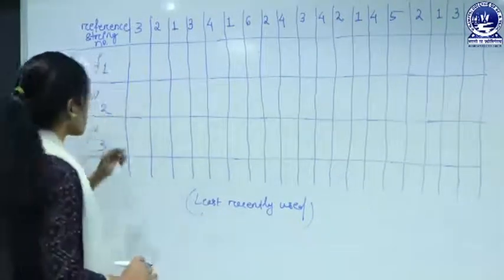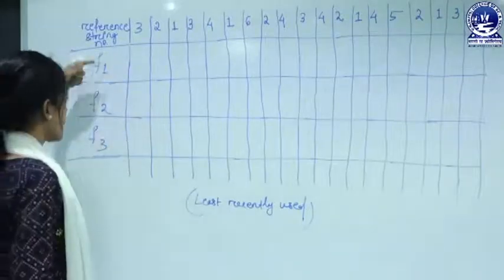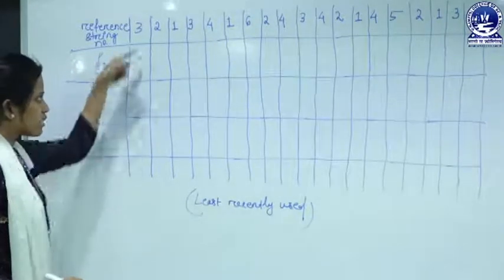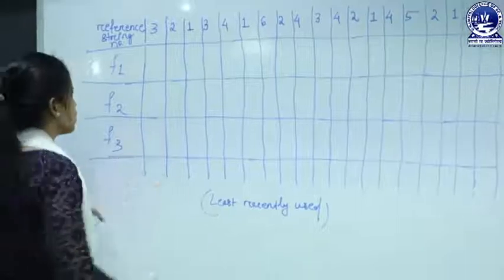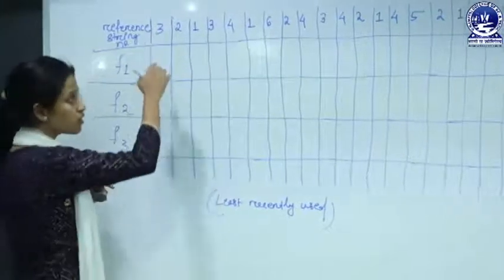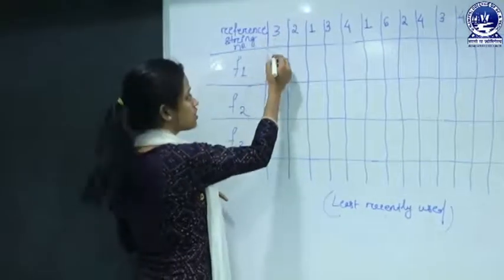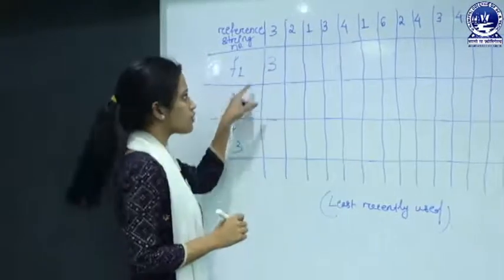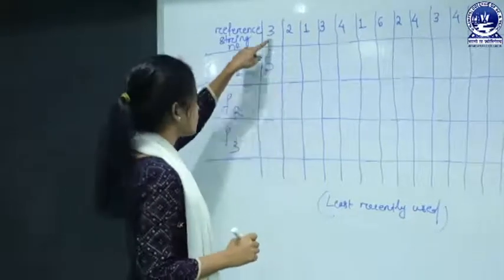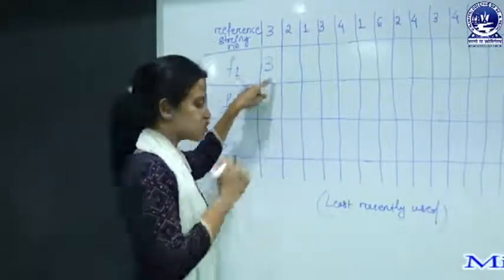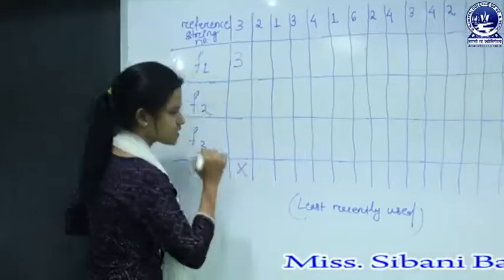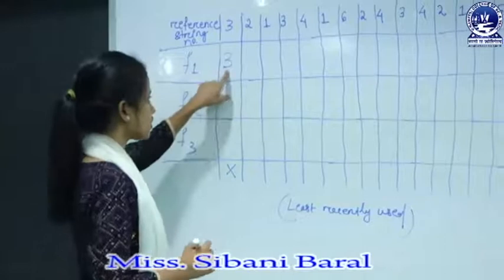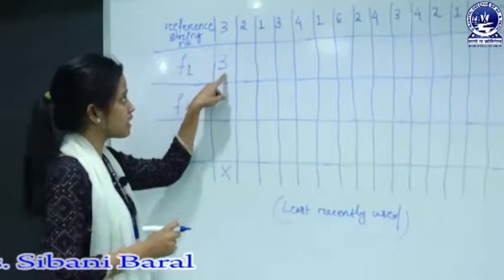Now the memory is empty. We put the first page, 3, into frame number 1. 3 is not there in the main memory, so there is a page fault, that is a miss.